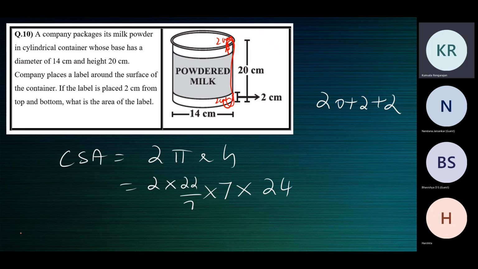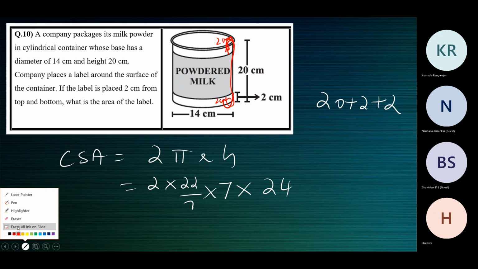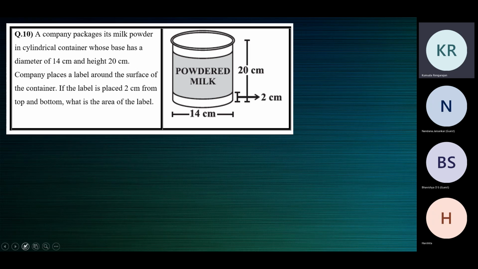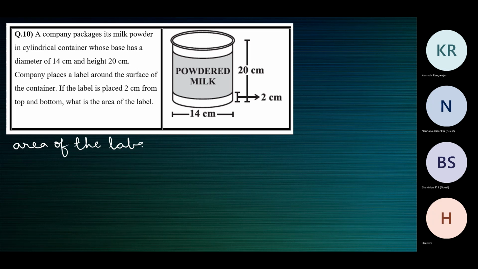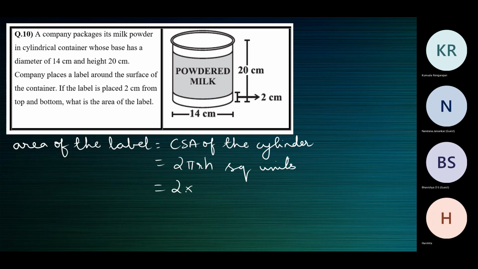You can take the answer like this, children. 1 minute. Let me write it here for you. Please write down this. 20 minus 2 minus 2, 16.